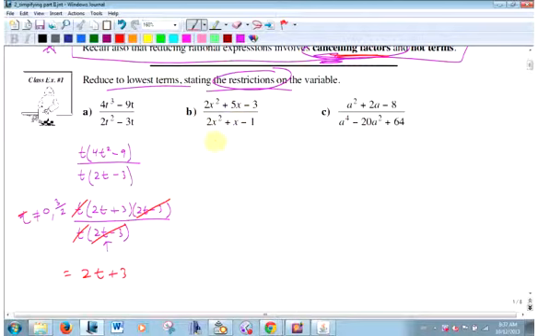What do I want to do to the top? I want to factor it. Every question you're going to be factoring something. What two numbers multiply to minus 6 and add to 5? Oh, we're going to split this up, aren't we?